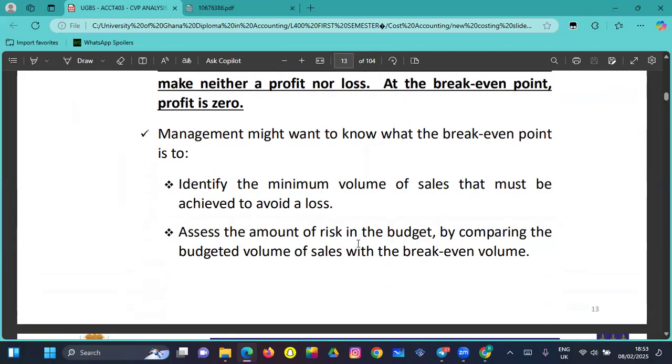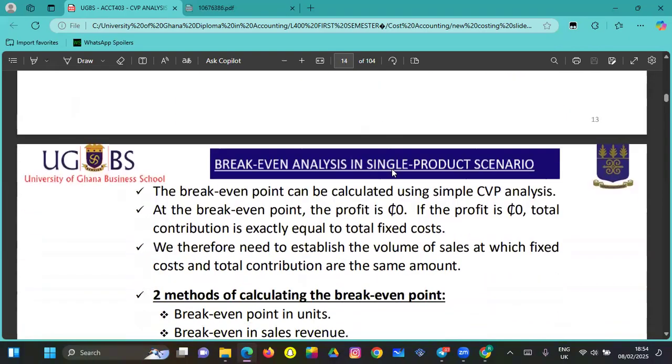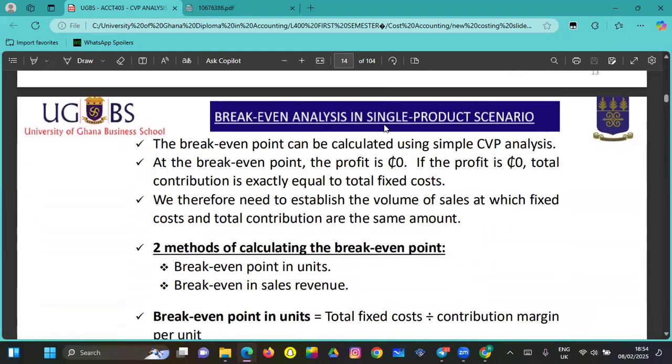They also want to assess the amount of risk in the budget by comparing the budgeted volume of sales with the break-even volume. The difference between the budgeted or actual sales and the break-even is what we call the margin of safety. So, break-even in a single product scenario. The break-even point can be calculated using the CVP analysis. At break-even point, profit is zero, as I've said earlier.